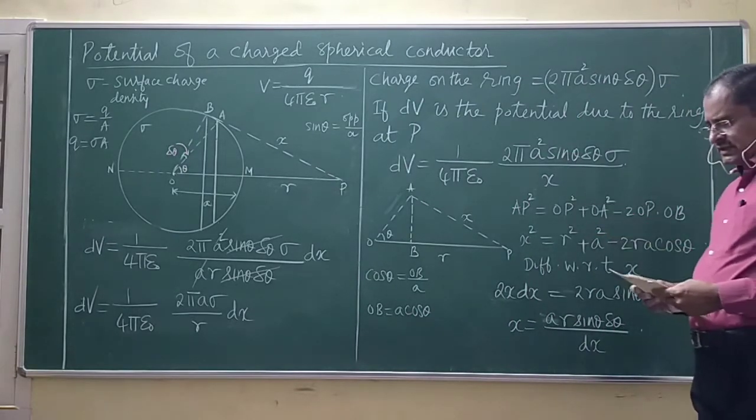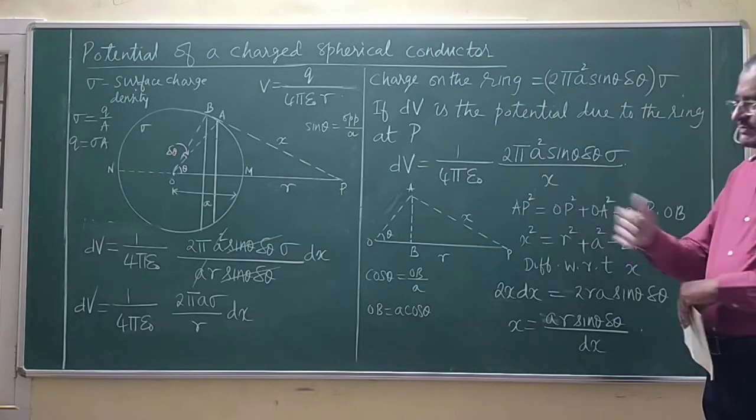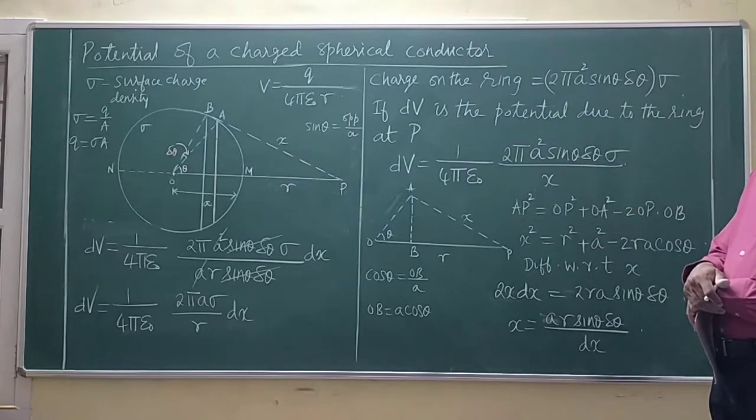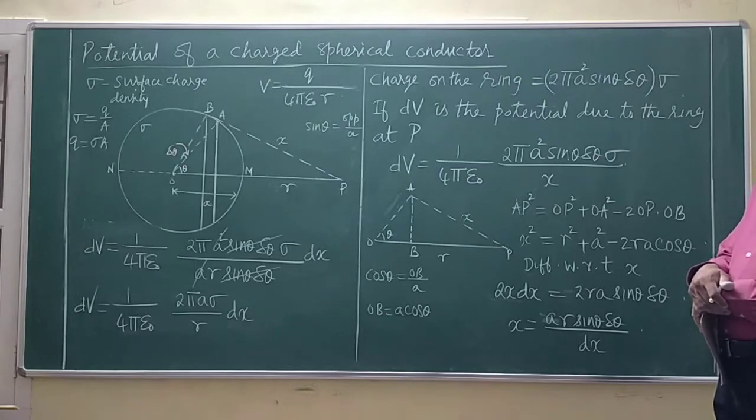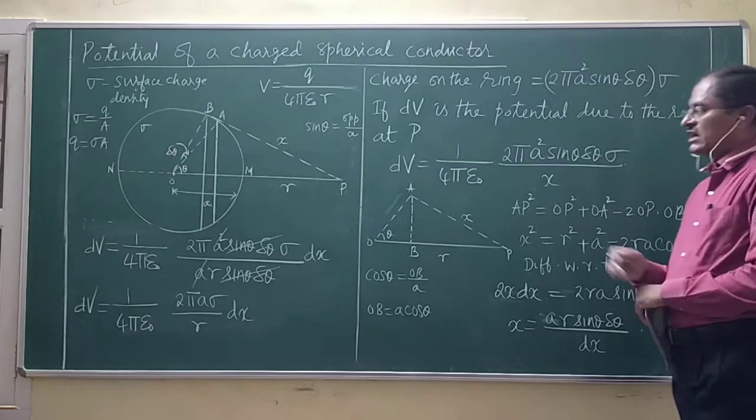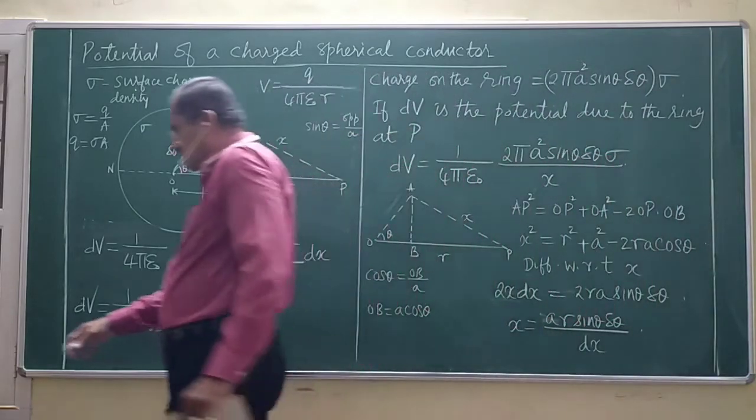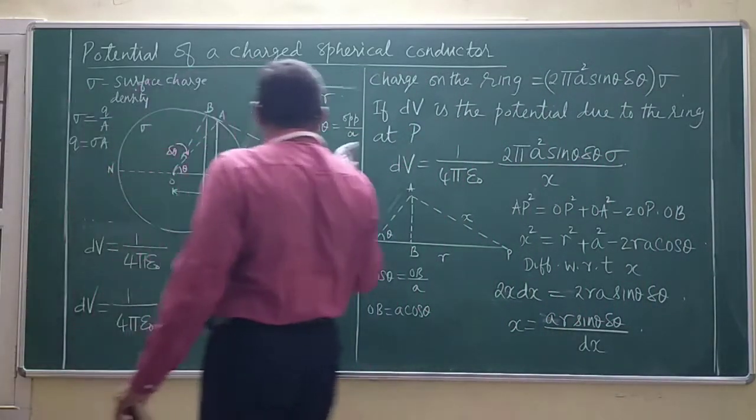Now, we have to use this expression to find out the total potential at the external point P. How do I do that? Let me rub this part, shall I?